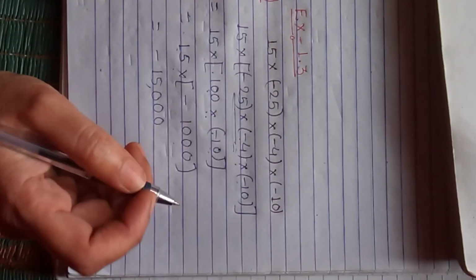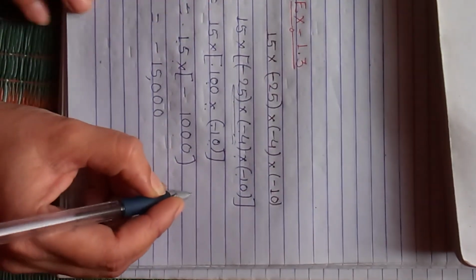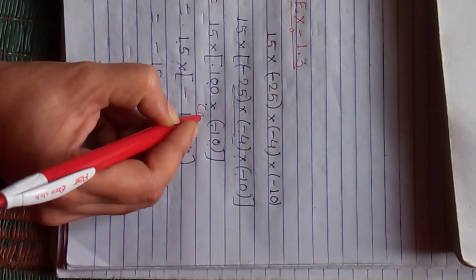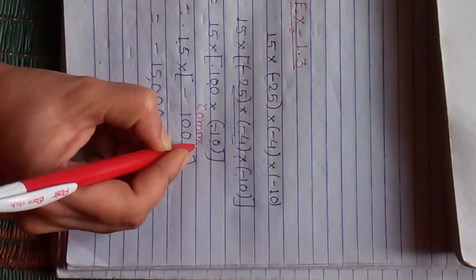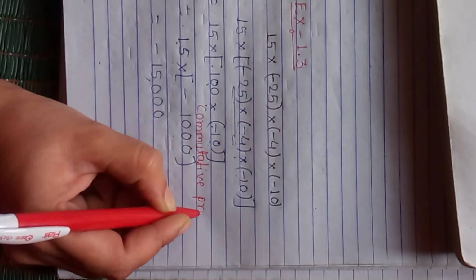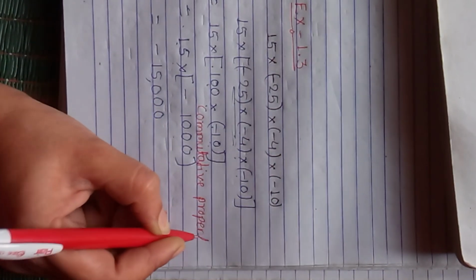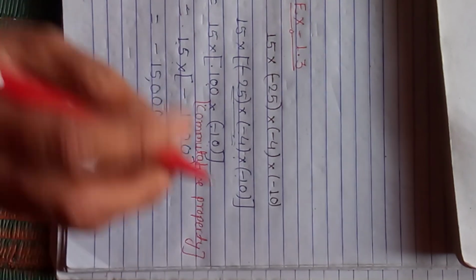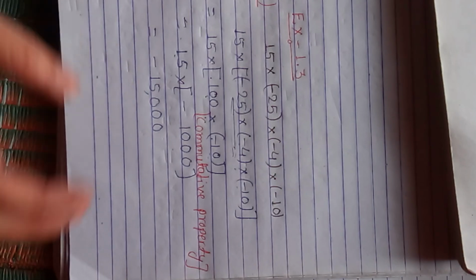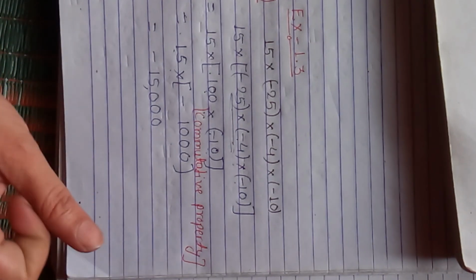So that's why we have used here commutative property. By commutative property we can solve this question. I hope you have understood. Thank you.